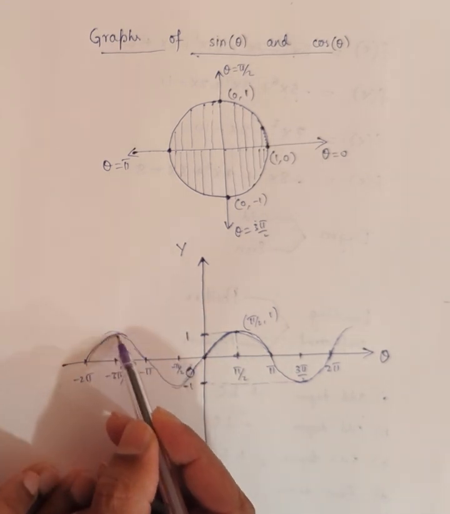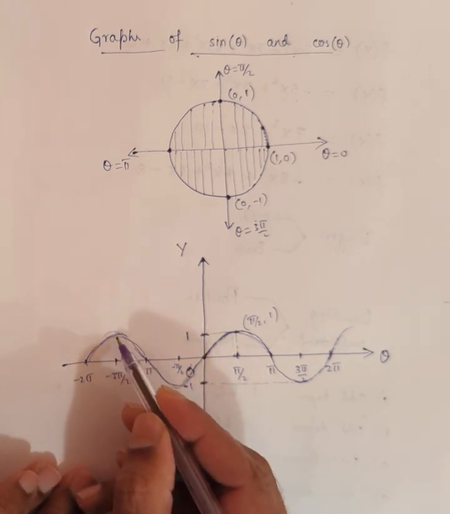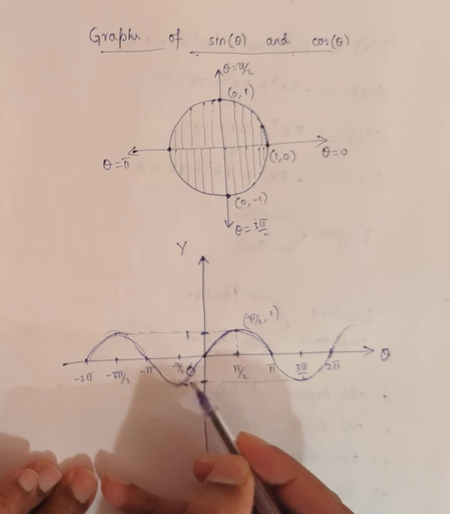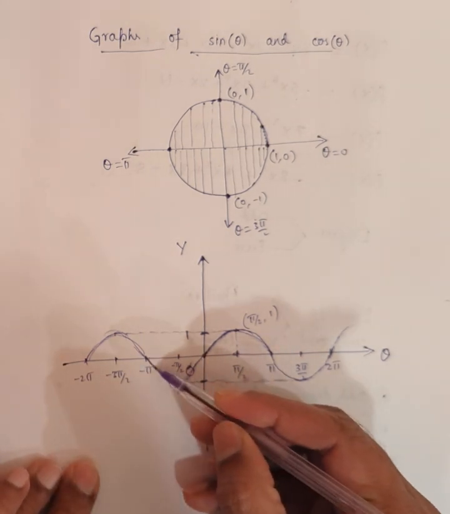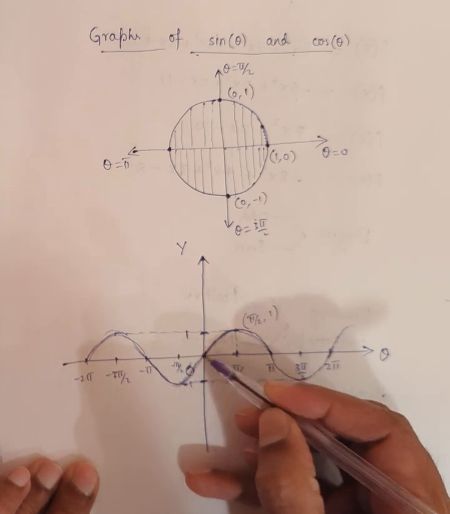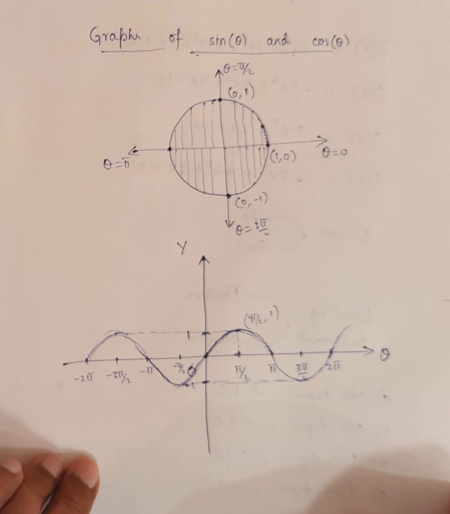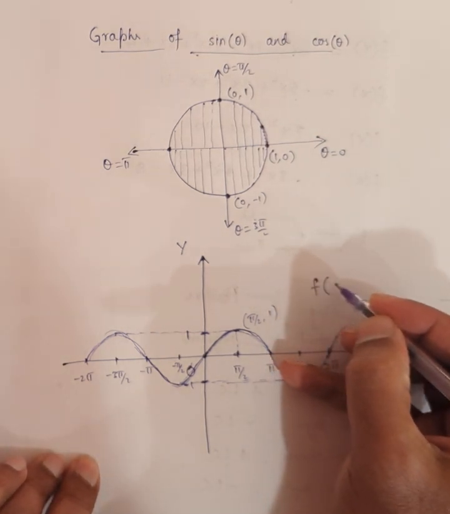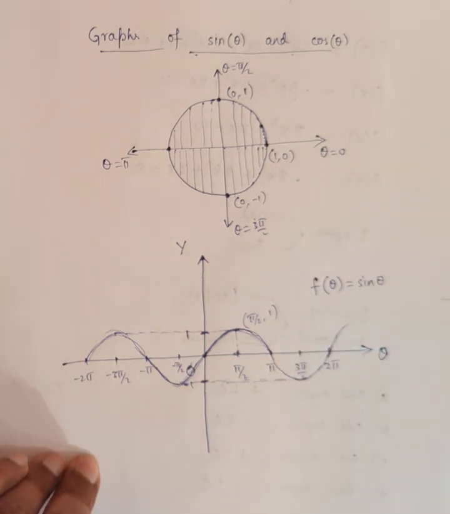So that's the graph of the sine function. Let me write down f of theta equals sine theta.